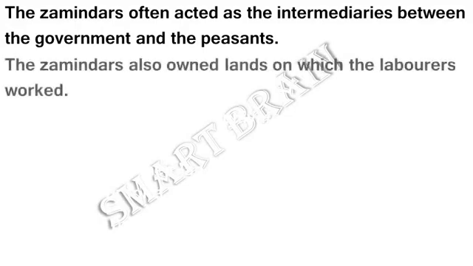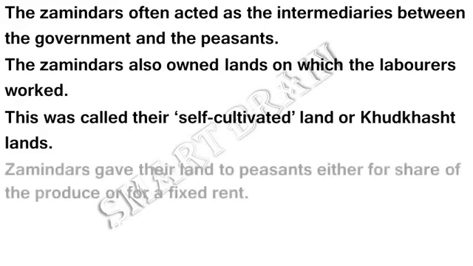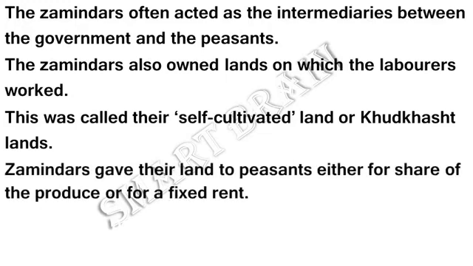The zamindars also owned lands on which the laborers worked. This was called their self cultivated land or khudkast lands. Zamindars gave their land to peasants either for a share of the produce or for a fixed rent.